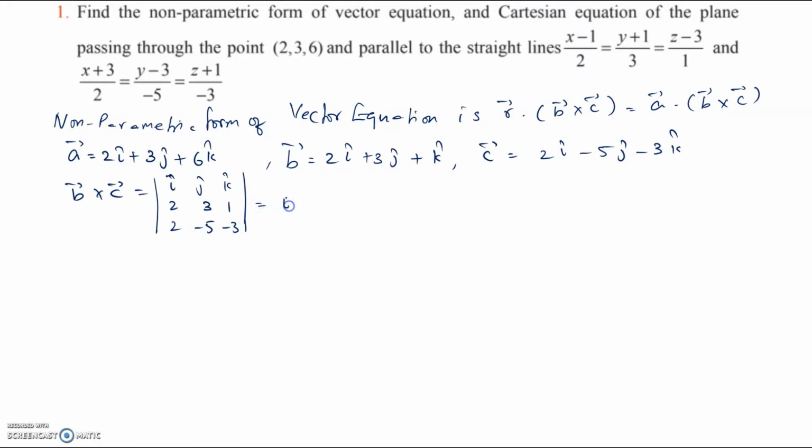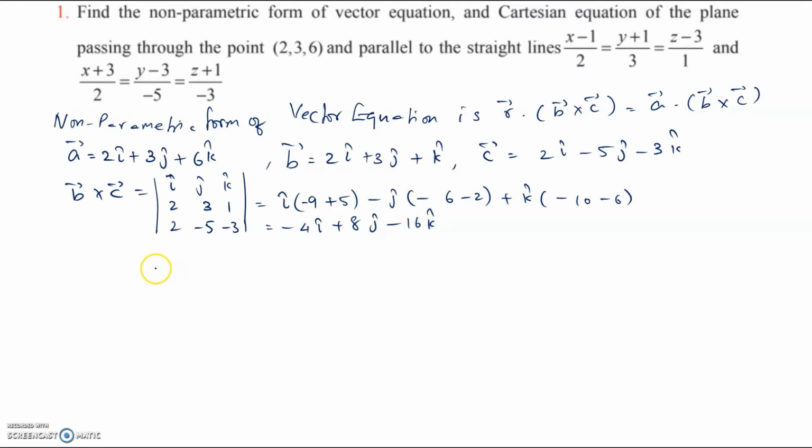Further simplifying this, i cap into minus 9 plus 5, minus j cap into minus 6 minus 2, plus k cap into minus 10 minus 6. So, that's equal to minus 4i cap plus 8j cap minus 16k cap.